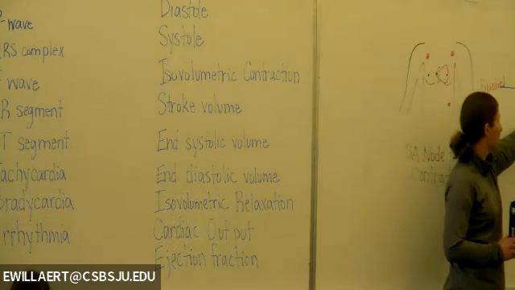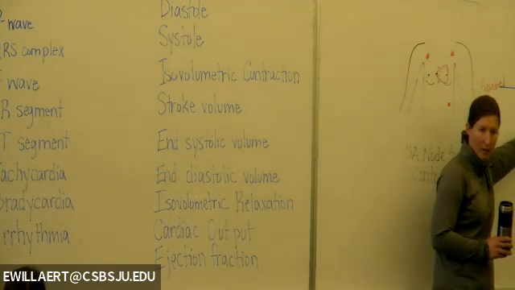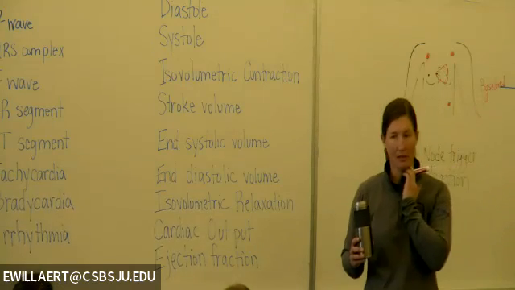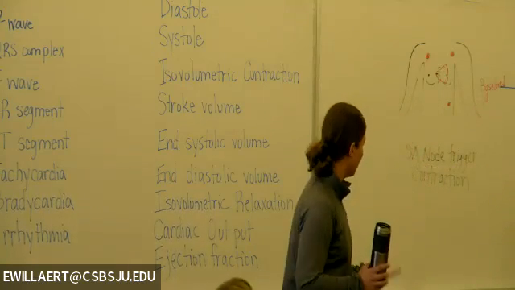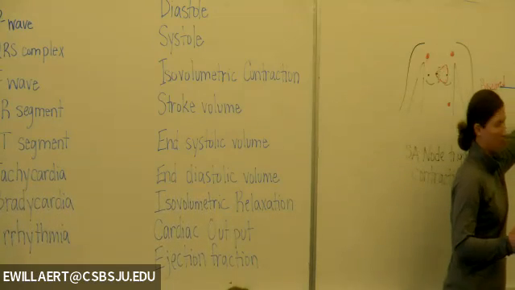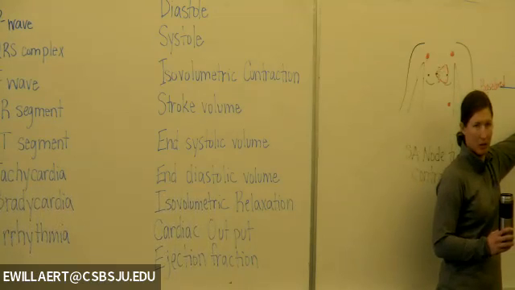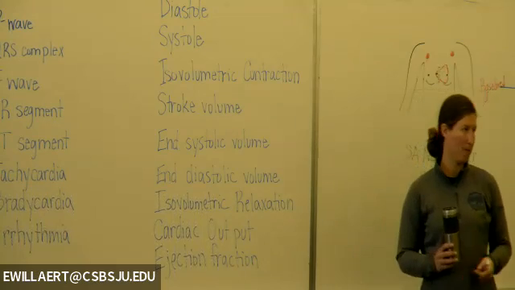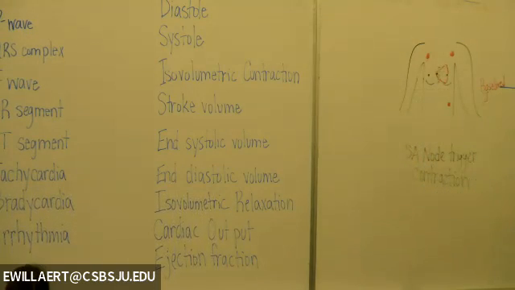So when you guys are sitting here in class, your PR segment should be pretty long because we have a lower heart rate. As you get up and get moving, this gets shorter because we're getting more sympathetic stimulation, and if it gets shorter, we're going to have a faster heartbeat. Right? The distance from the start of the P wave to the start of the next P wave, that's one heartbeat.